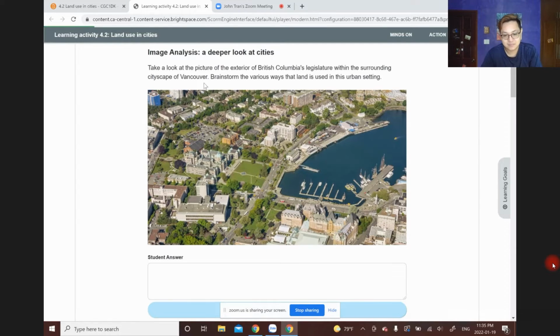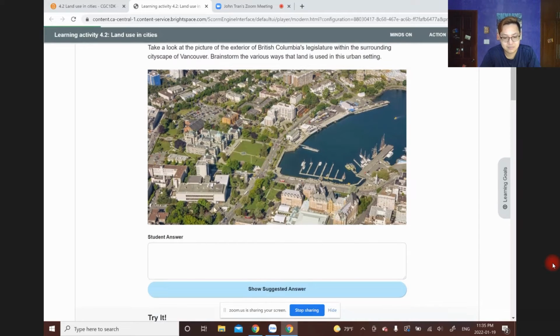In some of the various ways that land is used in this urban setting. They built buildings, structures, a port on the land.